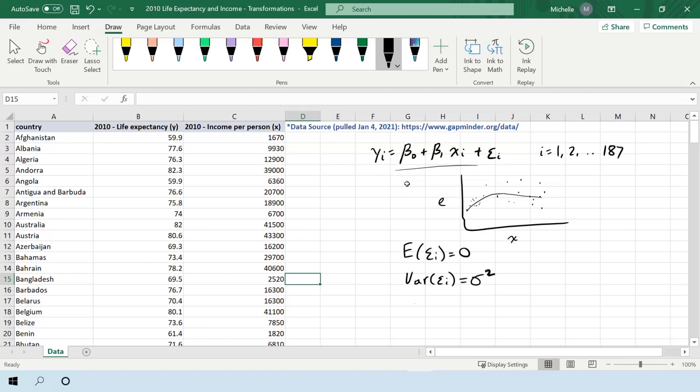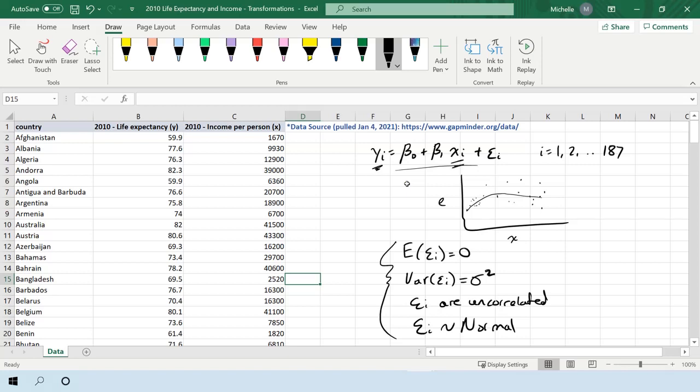And also that these e sub i are uncorrelated or independent, and that they are normally distributed.